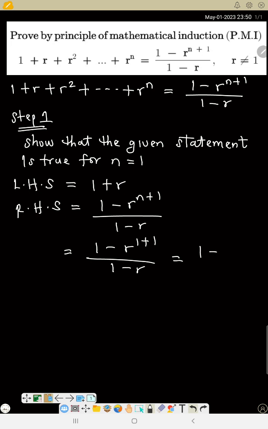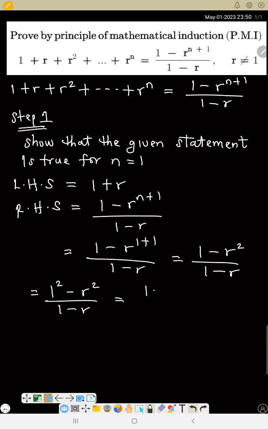So this is 1 minus r raised to power 2 divided by 1 minus r. If you look at the numerator here, it is a difference of 2 squares. So what I have there is like saying 1 square minus r square divided by 1 minus r.